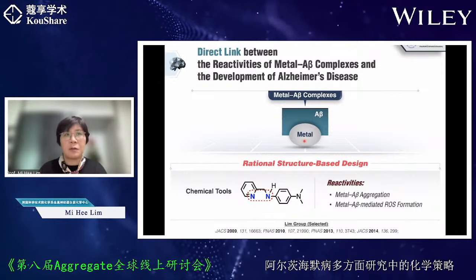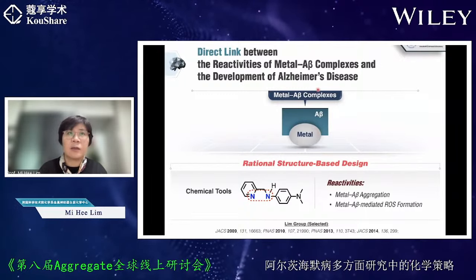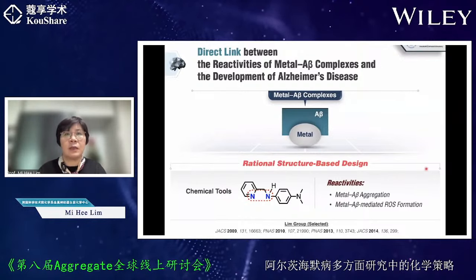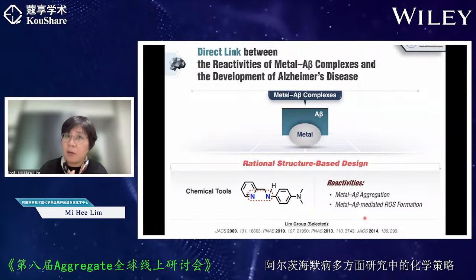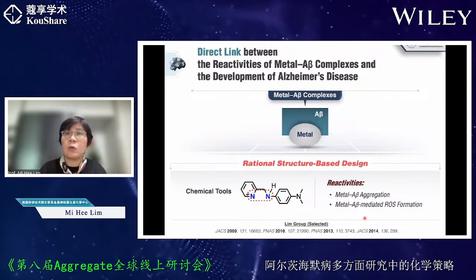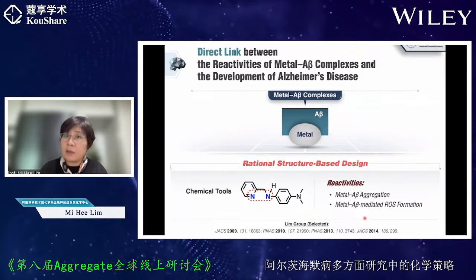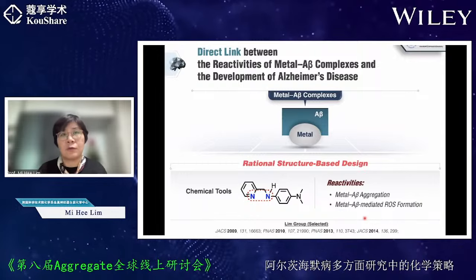These small molecules, as chemical tools, can target the metal-A-beta complexes and control their reactivity. The reactivity of the metal-A-beta complexes includes metal-A-beta aggregation, generating more toxic oligomeric species, as well as metal-A-beta-mediated ROS formation, leading to oxidative stress.